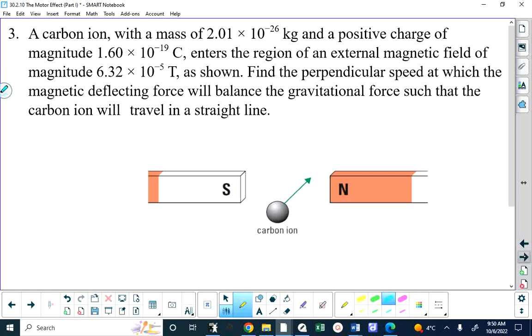The intention is that this carbon ion is traveling into the page, and I know this may seem pedantic, which means very picky, but since that's the direction of the angle that we're seeing on the edge of the magnet, it should be drawn that way.